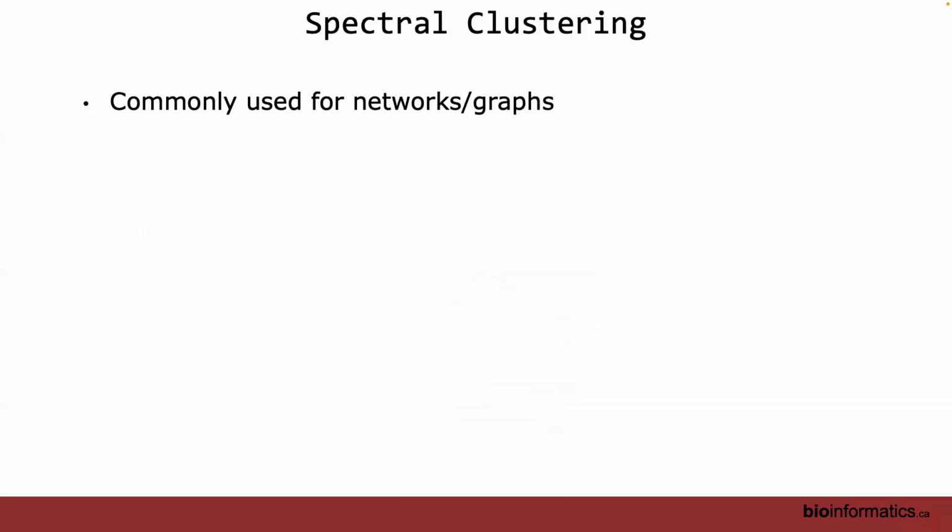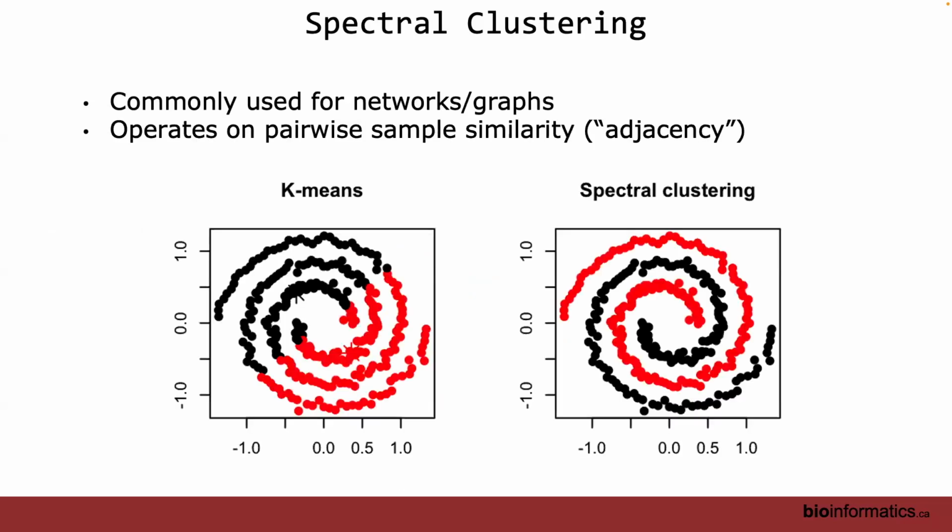So spectral clustering is used when the patterns of grouping are not based on things like Euclidean distance. For example, right here, if you have data that looks like this, and you do k-means clustering and you say, I want 2 clusters, maybe this is wrong.